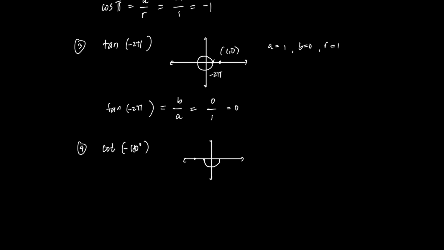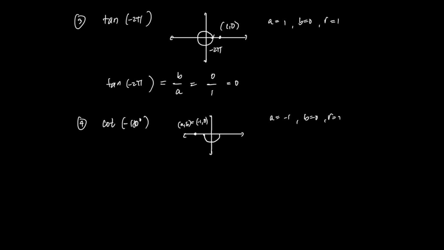Okay, and this point here, the (a, b), a is negative 1, b is 0, and r equals 1. So cotangent of negative 180 degrees is a over b, and a is negative 1 and b is 0, and therefore this is undefined.